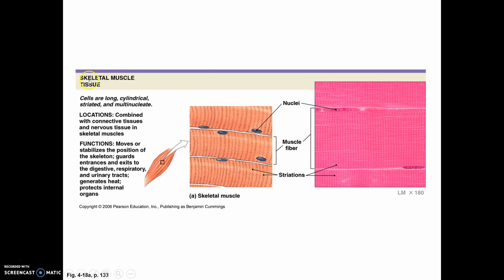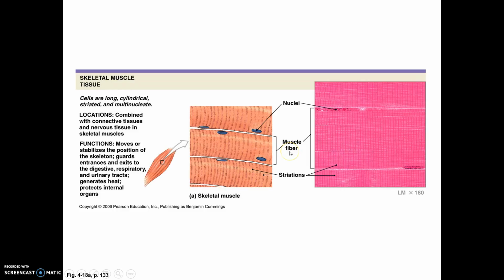And looking at our first type, skeletal muscle, when we get down to the individual cells, we see that the individual cells within this tissue are long cylinders that are striated with proteins that we'll be talking about, called actin and myosin, or thin and thick filaments that are in units called sarcomeres.